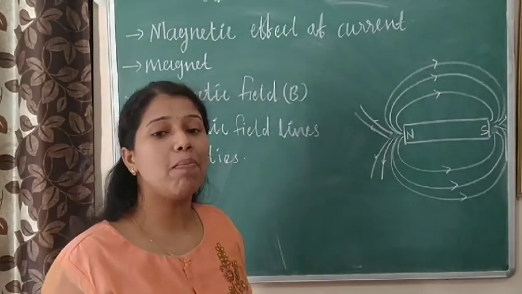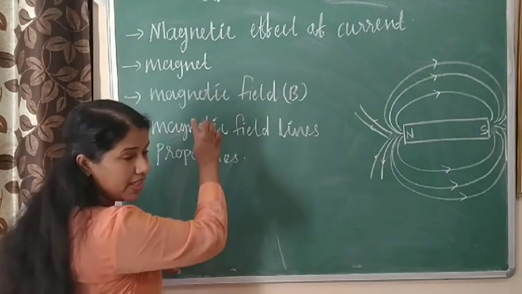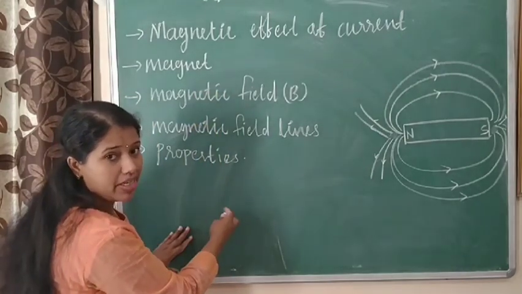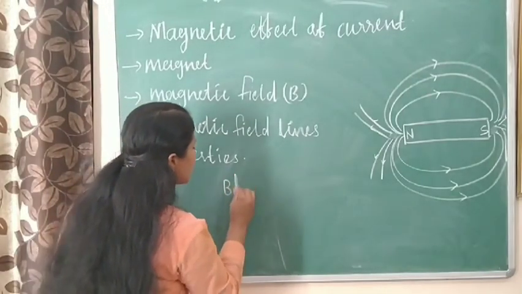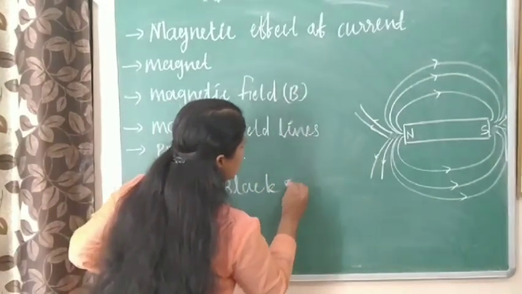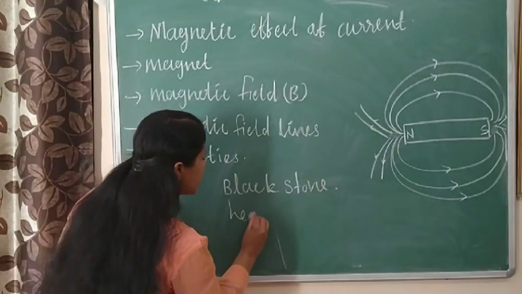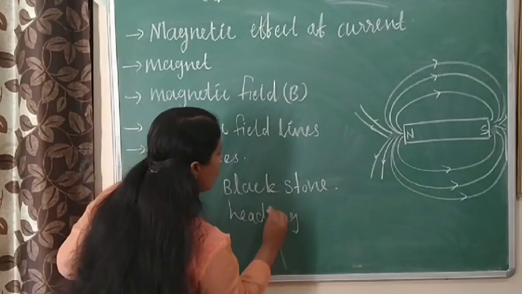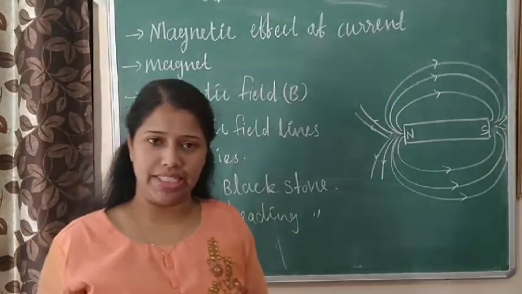For example, black stone. Next, one more example, leading stone. These are examples of natural magnets.